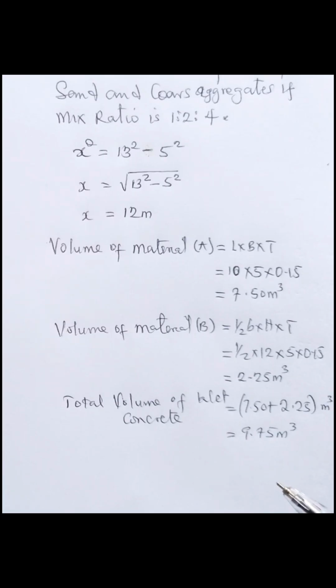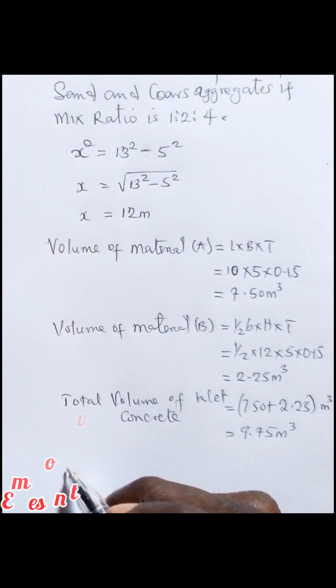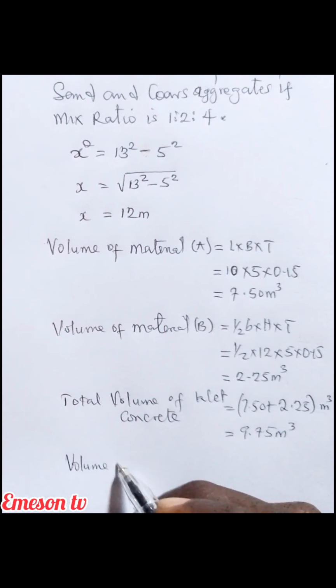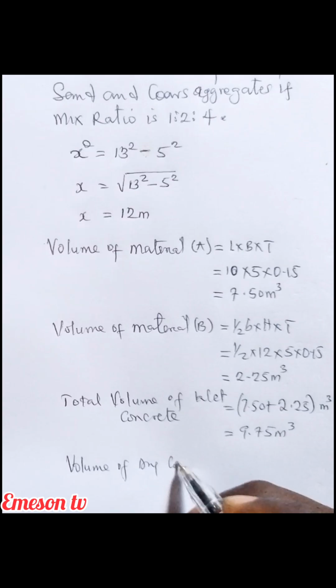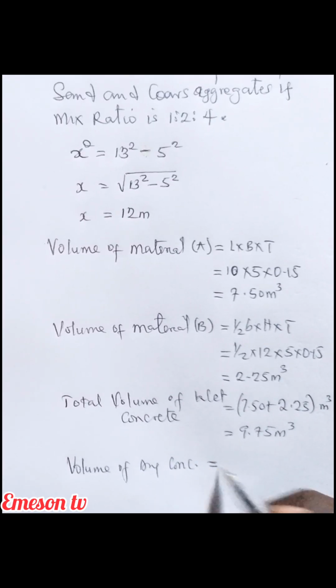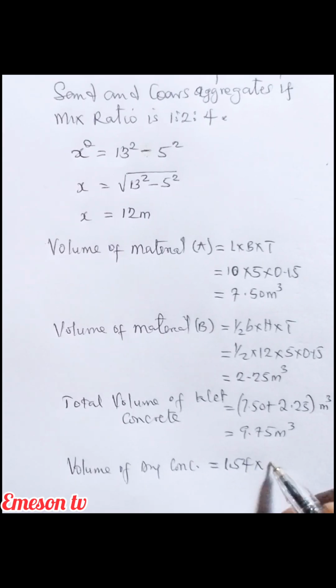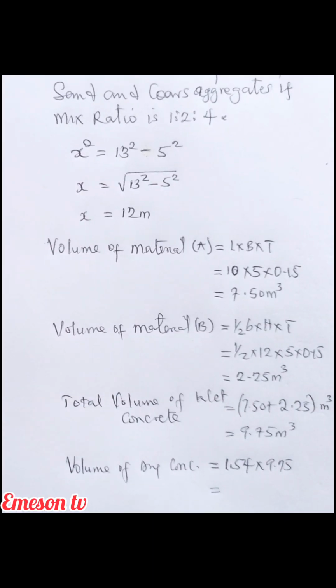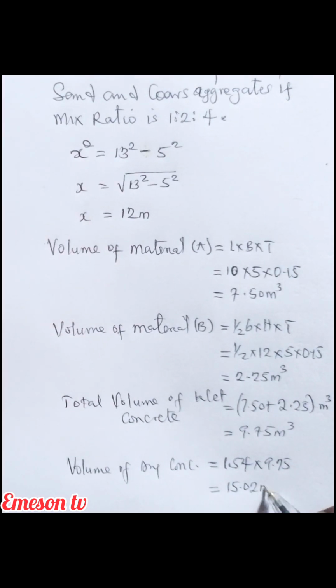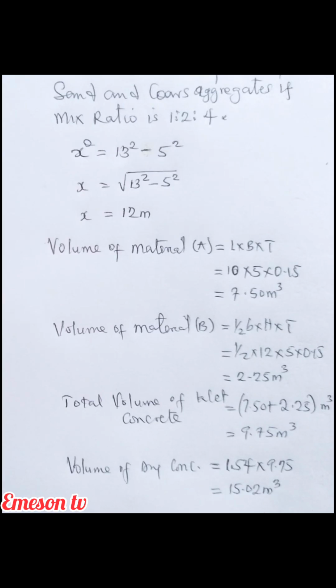For us to accommodate shrinkage, we have to use the volume of dry concrete. This will be equal to 1.54 multiplied by 9.75. This will give us the volume of dry concrete, approximately 15.02 meter cube. So this eventually becomes the volume of the material here.